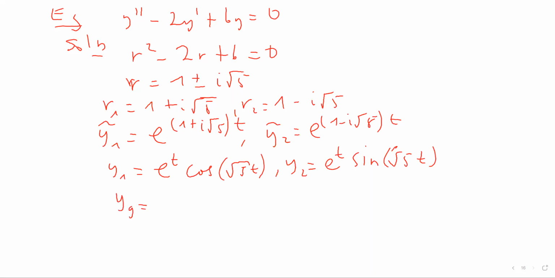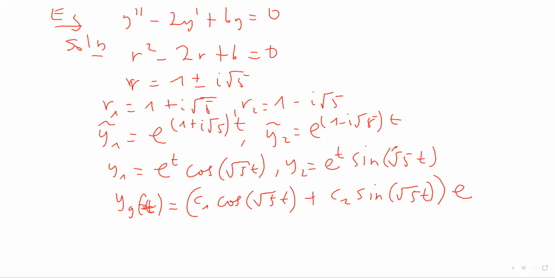The general solution you can write as (C1 cos square root of 5t plus C2 sine square root of 5t) times e^t, where C1 and C2 are real. In that case, you have your solution.